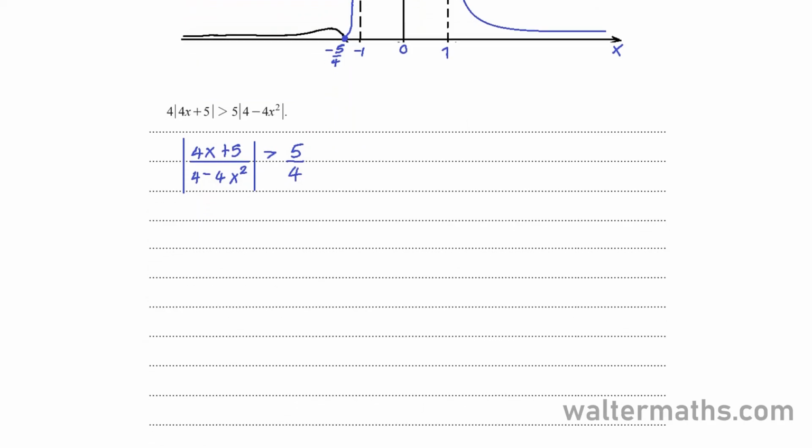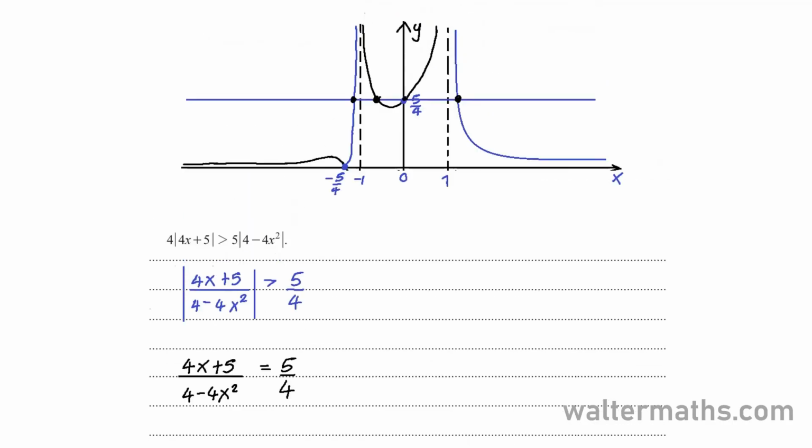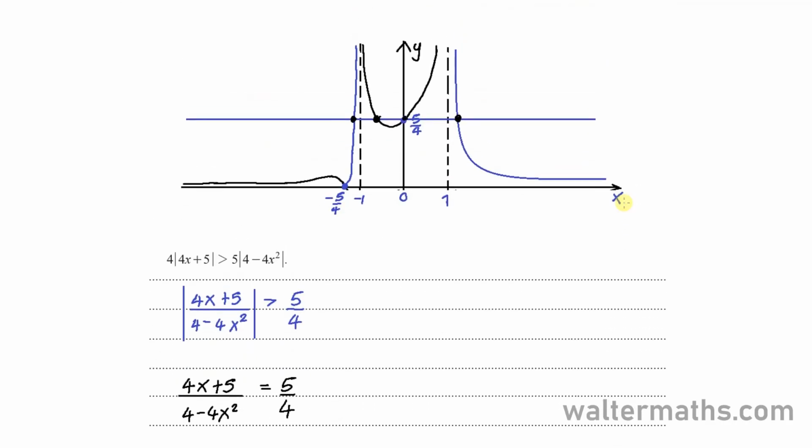So here we are looking for when the graph of (4x plus 5) over (4 minus 4x squared) intercepts the graph of y is equal to 5/4. So that basically is where the line y is equal to 5/4 intercepts this curve here. So that's for these 2 points of intersection.